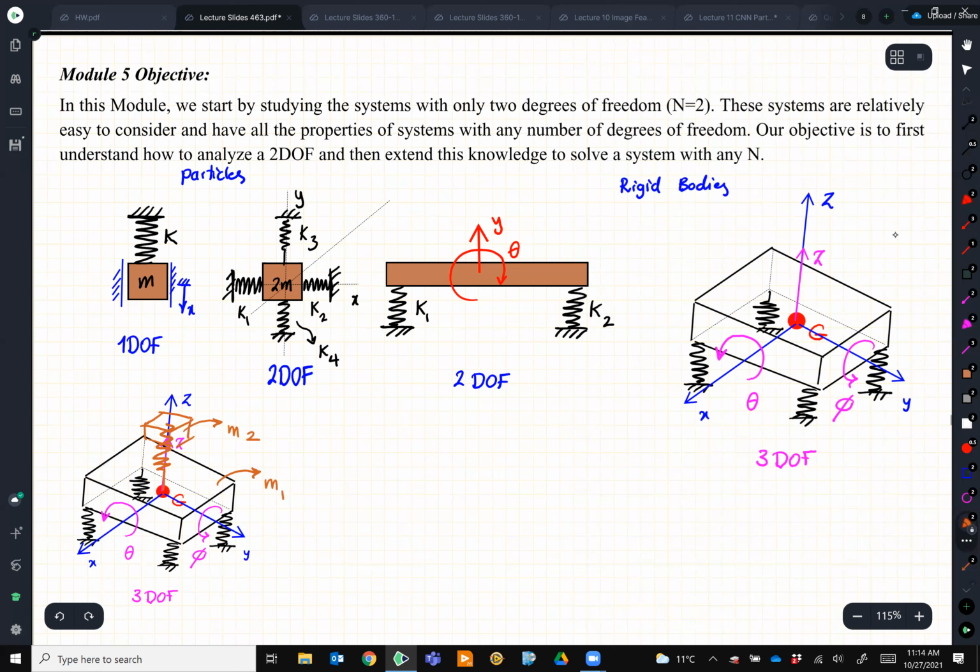Okay, so the picture is not very clear. Let me try it again. Maybe if I get rid of that thing.